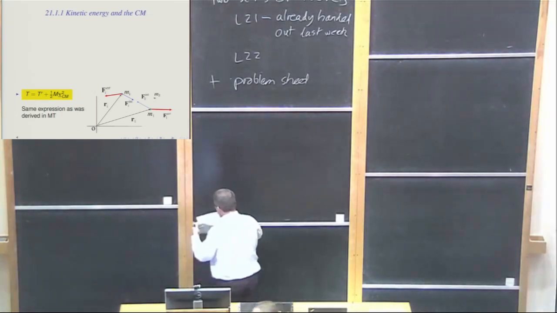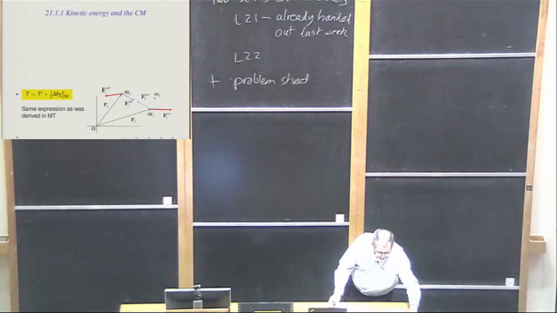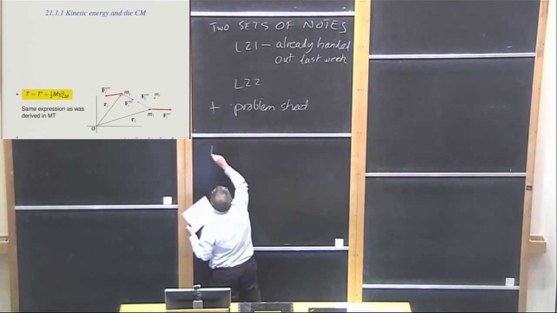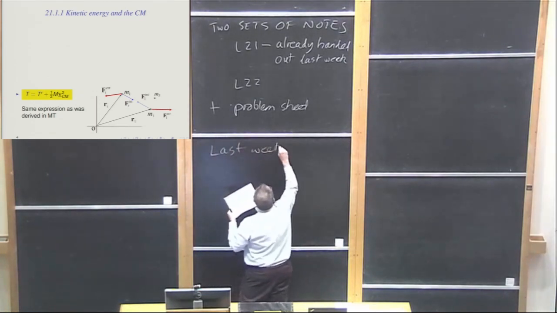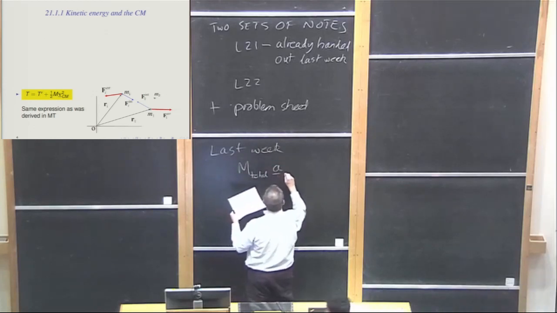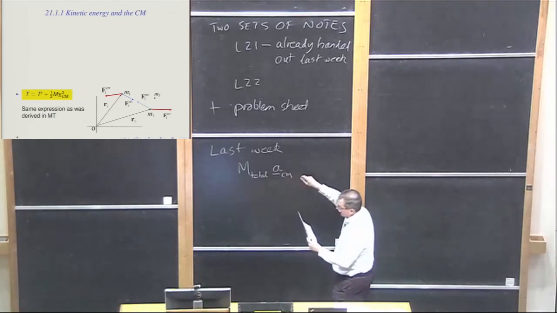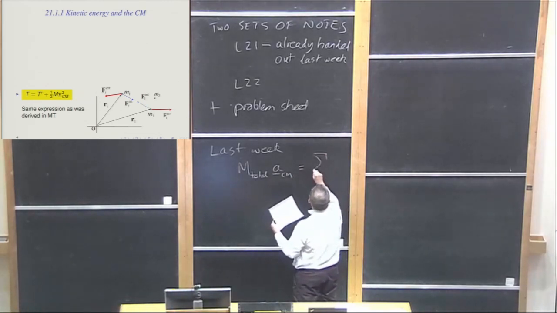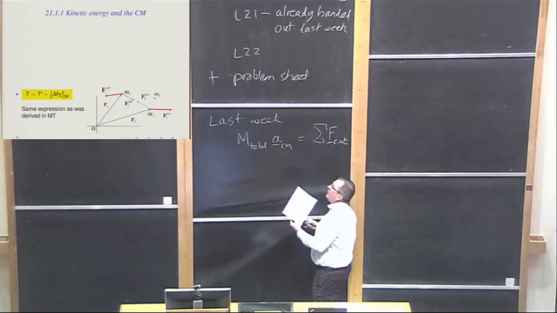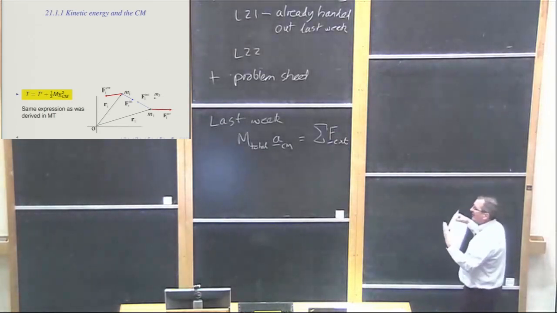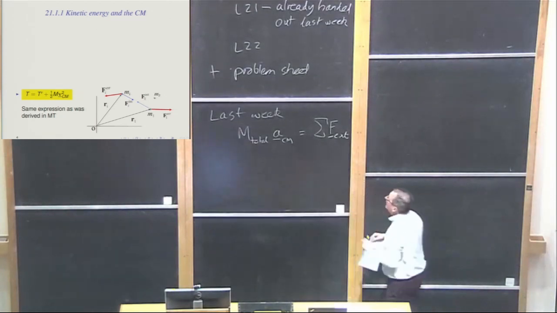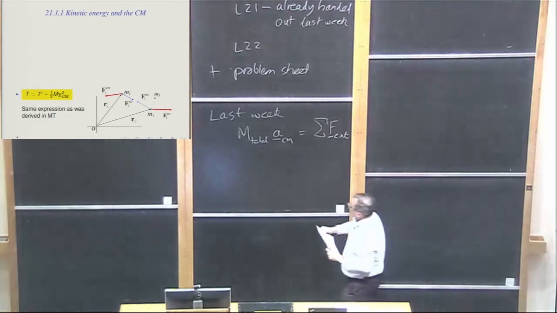We saw that the total mass of the system multiplied by the acceleration of the center of mass is equal to the sum over the external forces. So the whole system can be represented by a single particle accelerating where the center of mass is accelerating, and it's driven by the external forces.